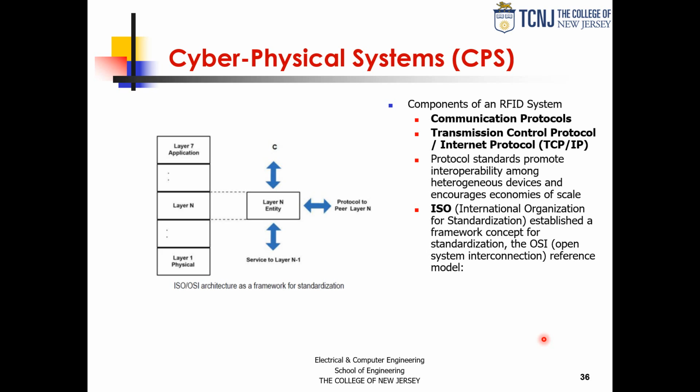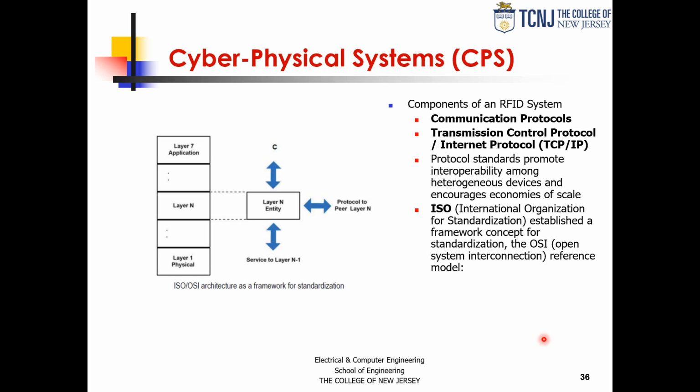Then we progress up in the stack through the layers with higher levels of complexity until we get to the top layer, layer 7, which is the application layer, the one that deals with the actual application and the user interface. Now these layers communicate with the bottom layer and with the top layer.